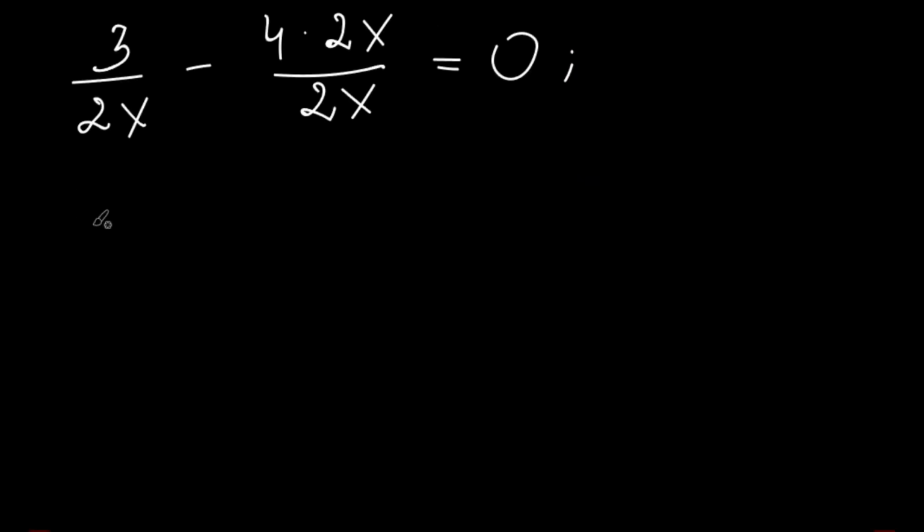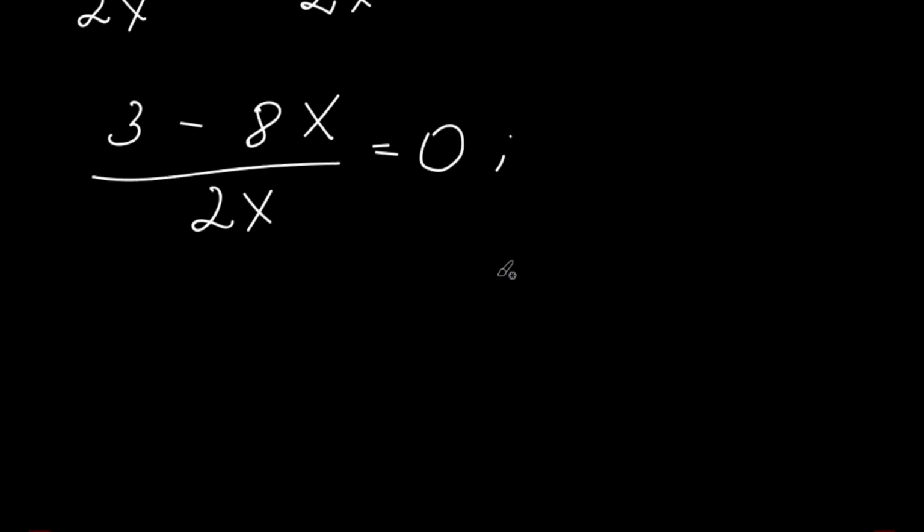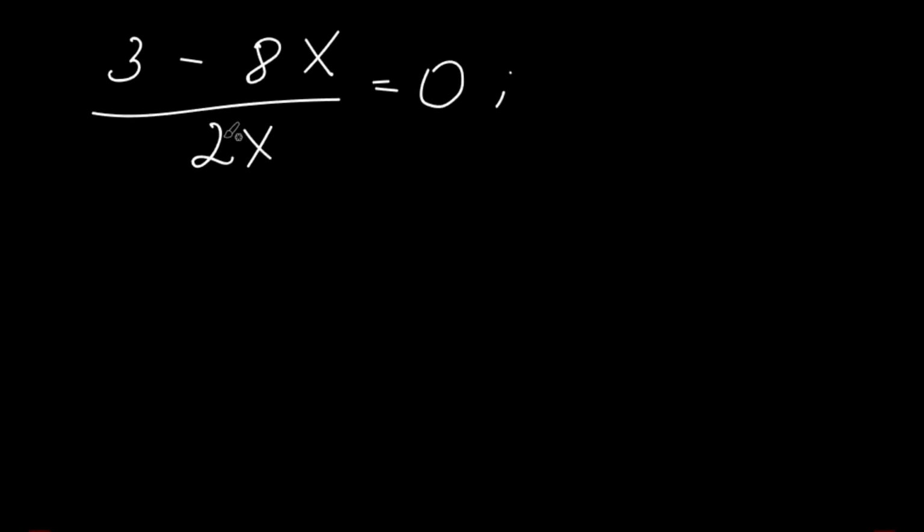Now we can simply subtract one fraction from another and we get 3 minus, don't forget to multiply 4 by 2, 8x divided by 2x is equal to 0. Now that we did that, we do exactly the same thing as in the previous example.